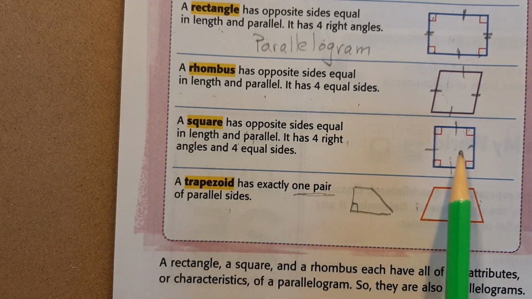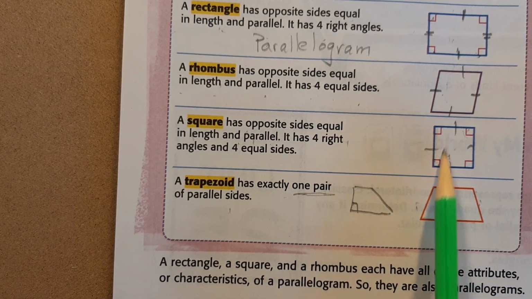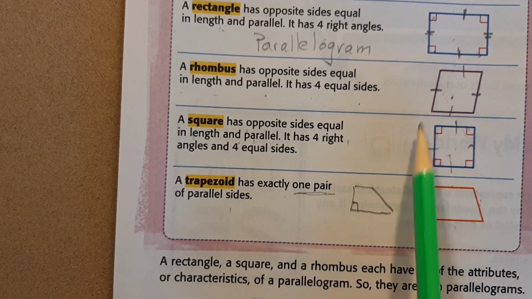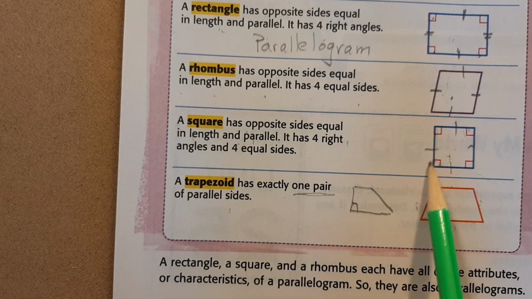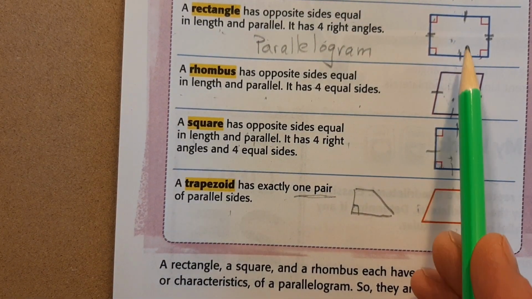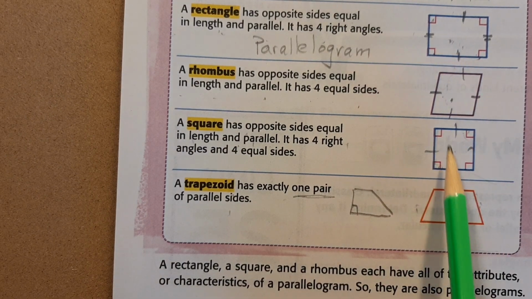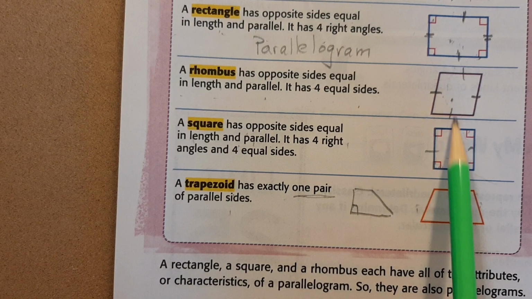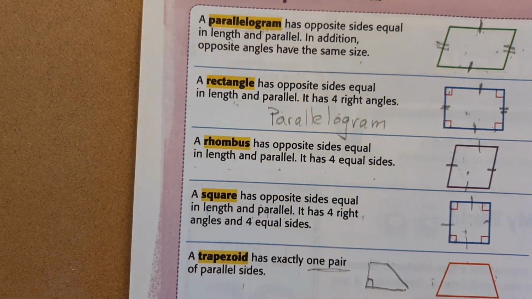So what's interesting is a square is a rhombus also because it has 4 equal sides and they're parallel. A square is also a rectangle because it has the parallel sides and the square angles. It's also a parallelogram.